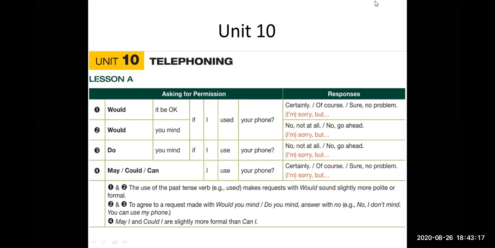Yes. In number 3, do you mind? We have to remember that when you say no, you mean yes, and when you say yes, you mean no. Exactly. Very good.